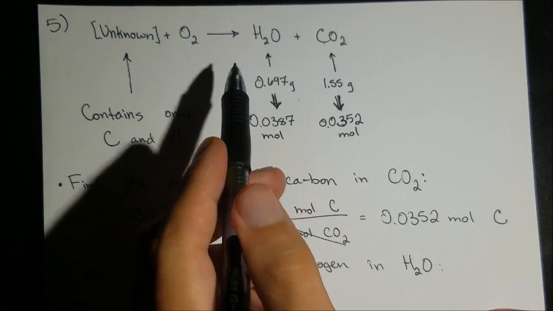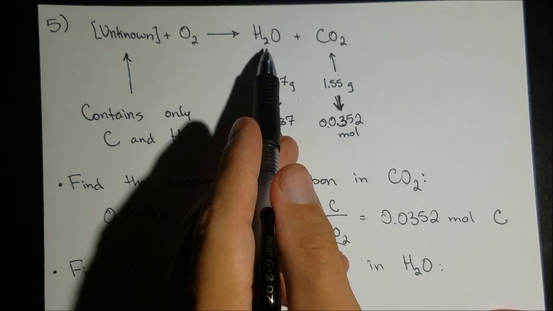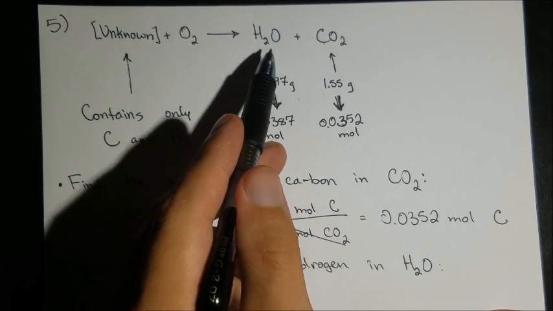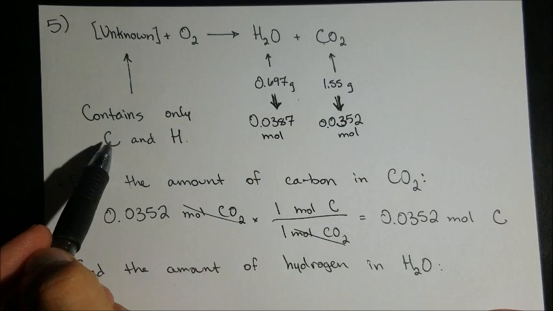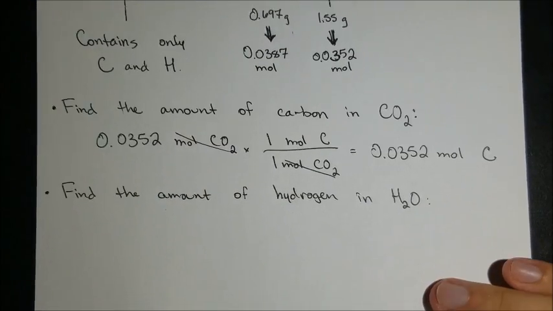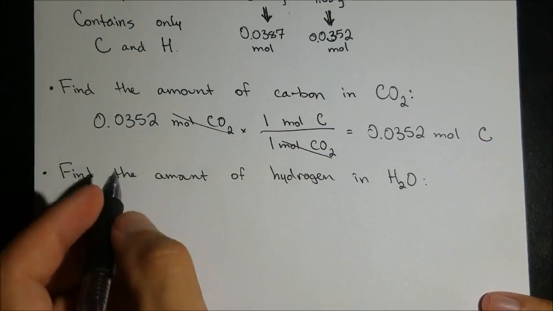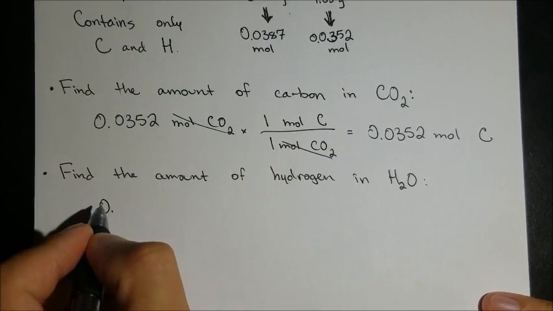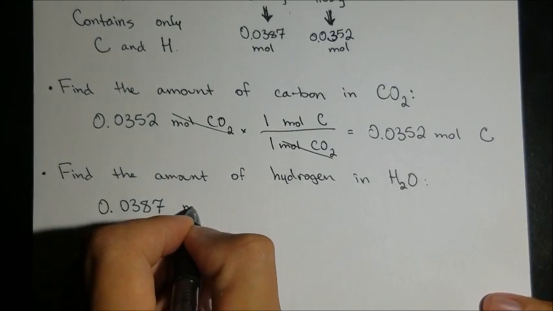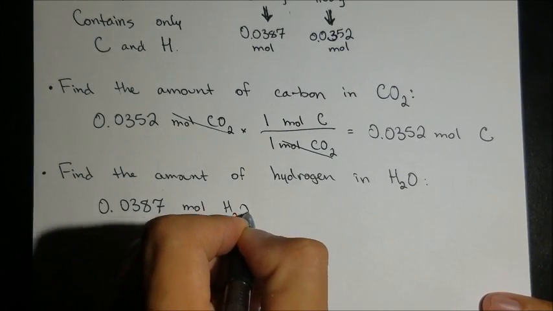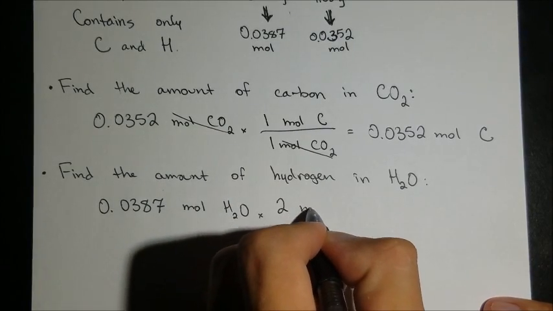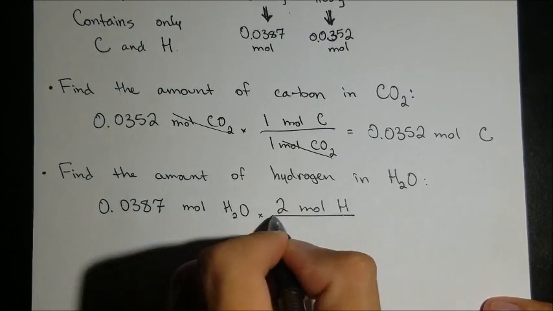And this is really great because we know how much water we end up with, and again, by the conservation of mass, we can relate that directly to the amount of hydrogen that was in our unknown molecule. So let's do that. We had 0.0387 moles of water, and for every 1 mole of water we had 2 moles of hydrogen.